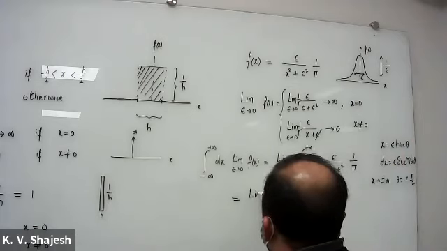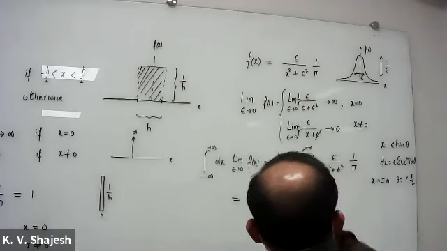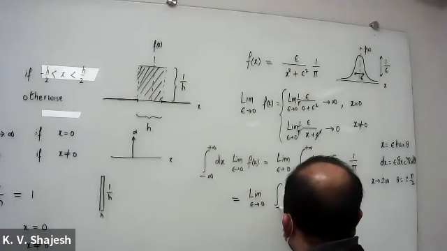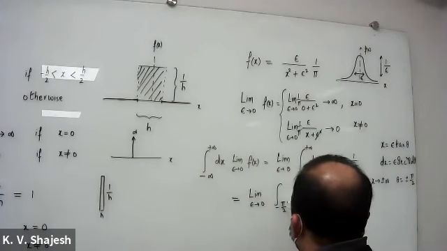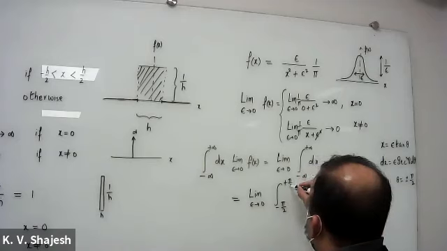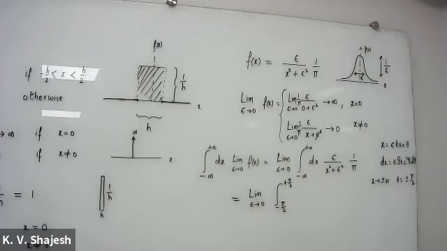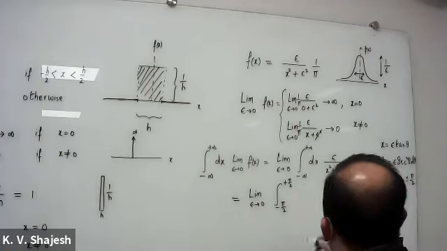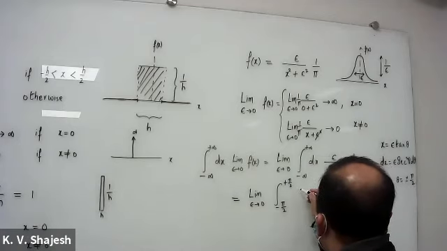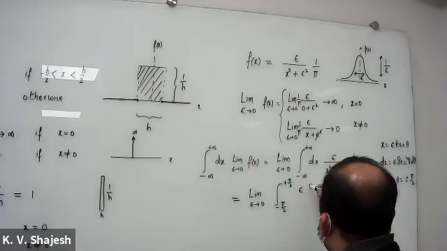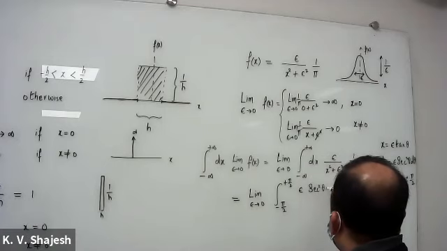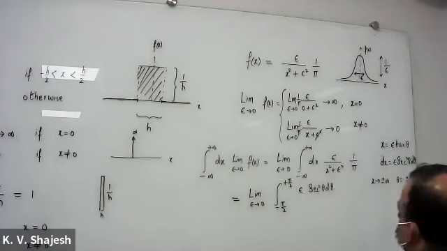So let's take the limit epsilon tends to 0. When x goes to minus infinity, angle theta goes to minus pi by 2. When x goes to plus infinity, theta goes to plus pi by 2. Dx is epsilon secant square theta d theta.